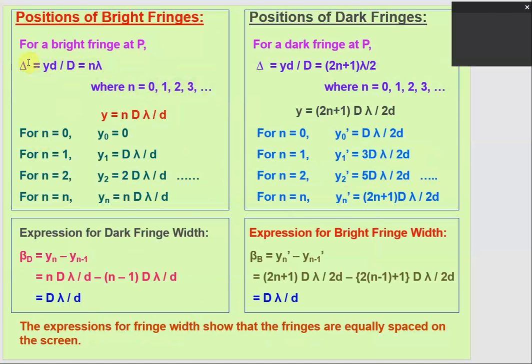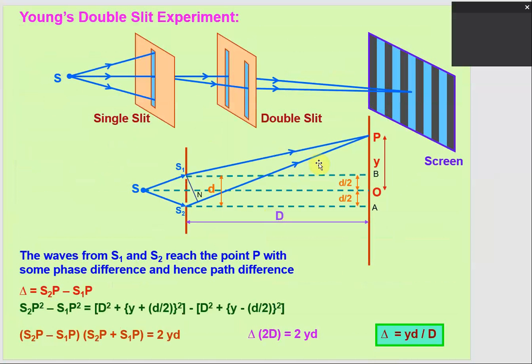So the path difference which we have found here, yd upon capital D, should be equal to n times lambda. This is the condition. This is how we apply the condition for the path difference. Now we can solve this for finding the distance of all the bright fringes which will be formed on the screen here, because point P may be anywhere, but we are applying the condition for the bright fringe here.